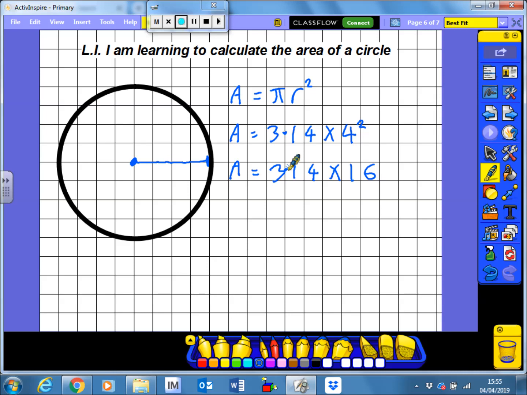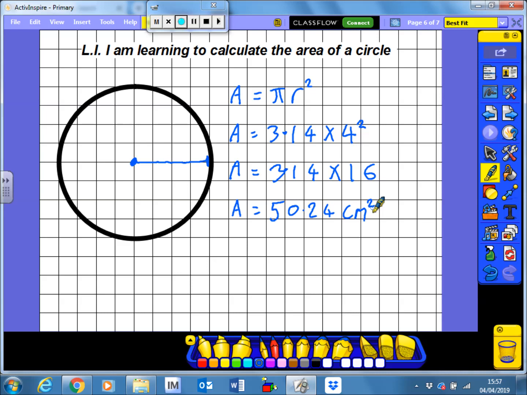I could actually do some sort of working to calculate this, but the easiest thing to do is just use a calculator in this case. Often calculators will actually have a pi button on them, but if it doesn't, 3.14 will be close enough for you to get a reasonable answer. The answer I get then is 50.24, and that, if this was centimetres, because it's area, it would be in centimetres squared.